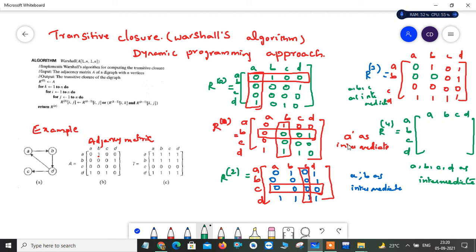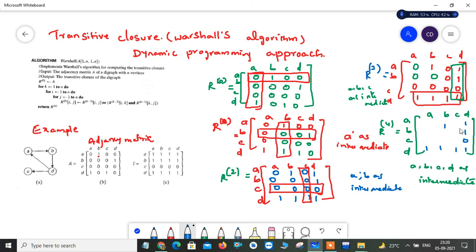So here I can take the D row and D column as an intermediate. I keep all these values as usual, so simply I can write 1, 1, 1, 1 and here it is 1, 1, 0. And all the remaining ones I also keep here like this.